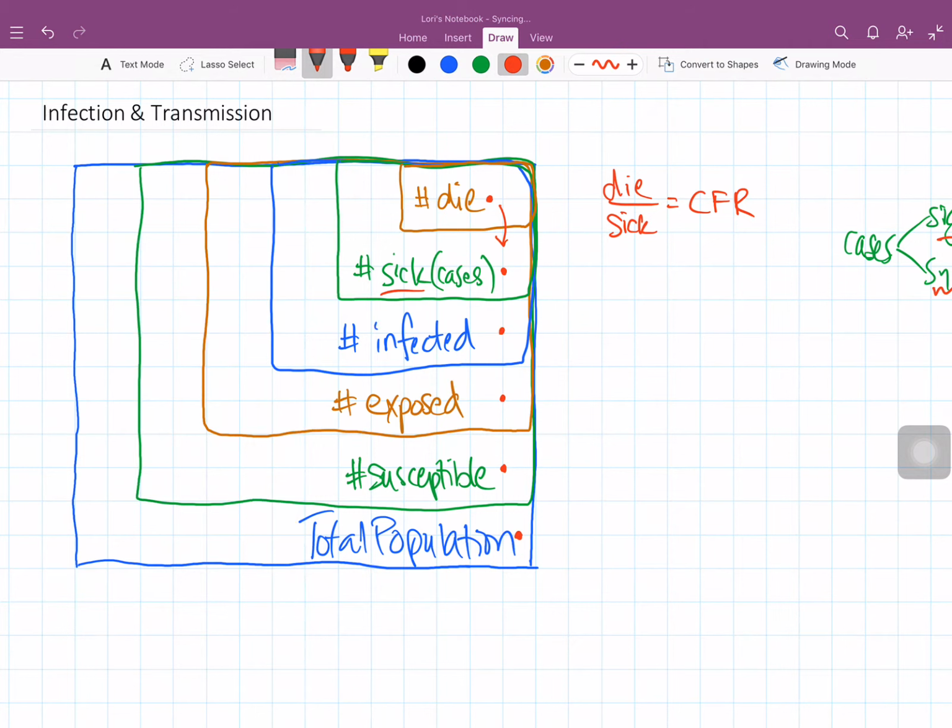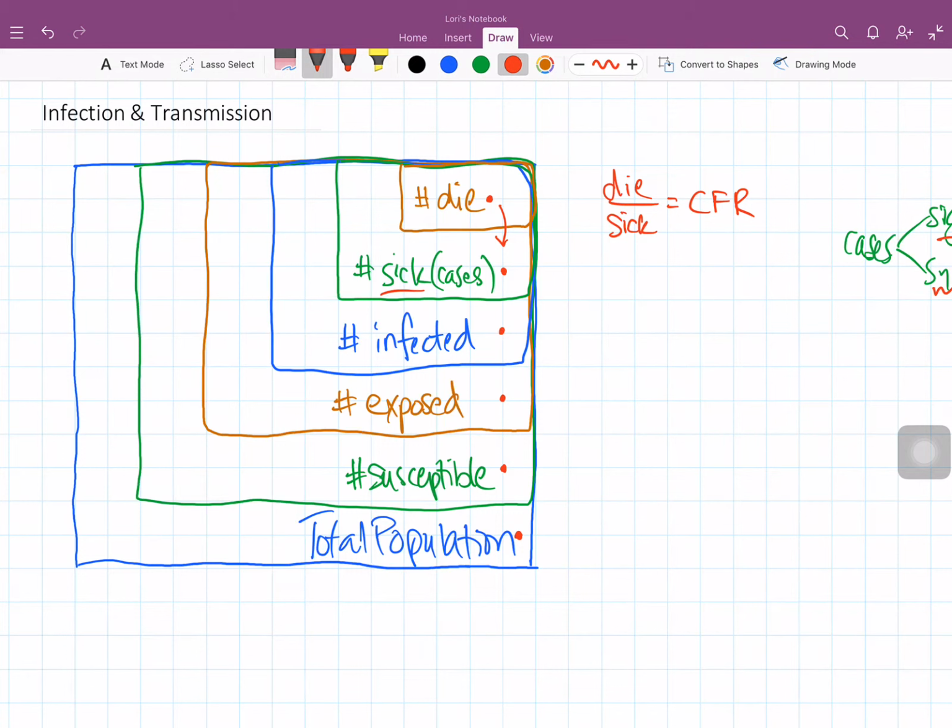And even if we're looking at the population of a specific set, the population maybe that lives in a dormitory or that lives in a nursing home, we know that people are present, or maybe they go home for short periods of time, or they leave because maybe certain people died of something else during that time frame. So measuring any of these things can be challenging, any of these numbers.